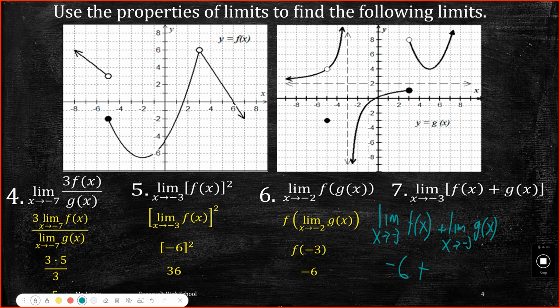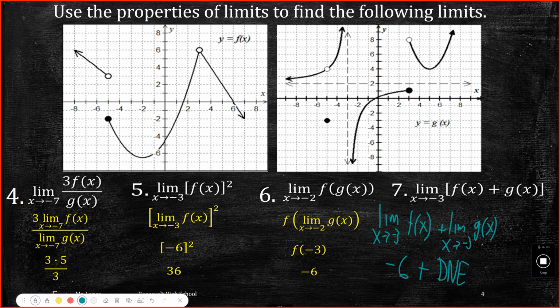But we got a problem here. What's the limit as x approaches negative 3 of g of x? Does not exist. So this does not exist. Now what are you going to say about negative 6 plus does not exist?